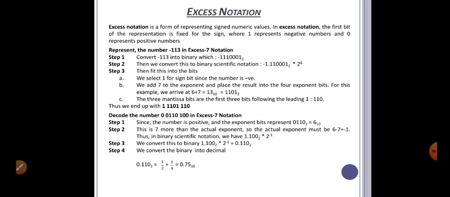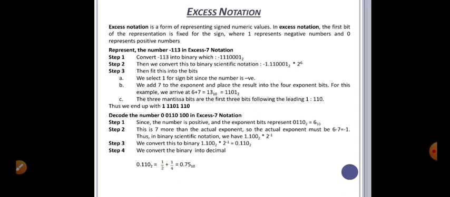If a number is 0 1 1 0, that means this is number 6, because 2 to the power 3 into 0 plus 2 to the power 2 into 1 plus 2 to the power 1 into 1 plus 2 to the power 0 into 0. So at second and third place we are getting value 1. So we add these places: 4 plus 2, 6. In step 2, this is 7 more than the actual exponent.